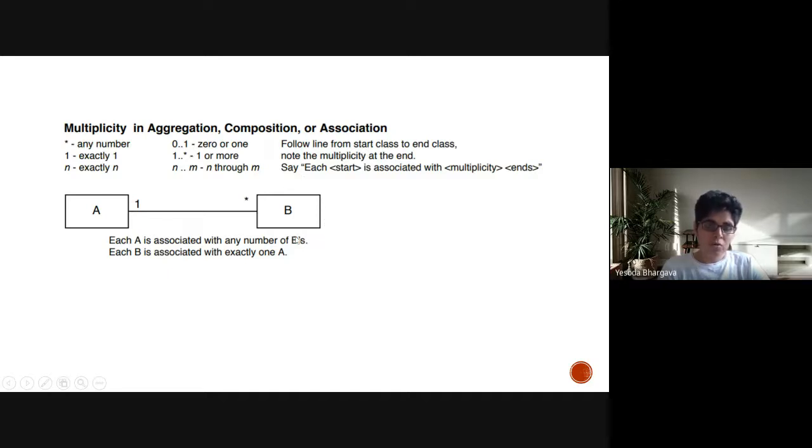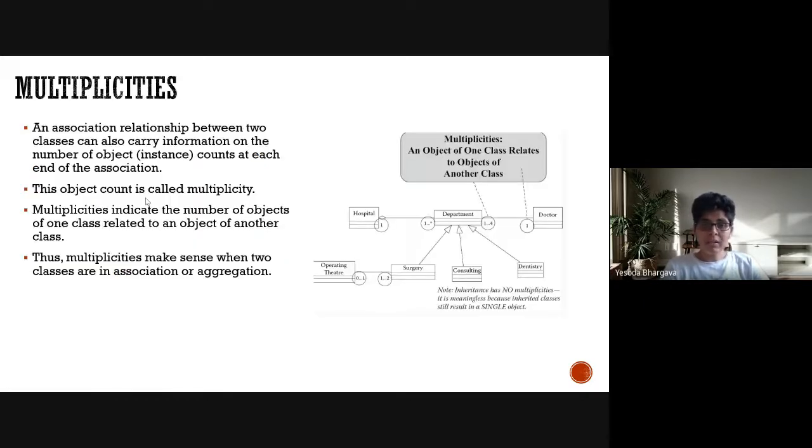And if an instance of B is created, then it is associated with exactly one A. So you start off from this class, and to understand the association multiplicity of A with B, you look at the multiplicity value and then associate it with B. Every instance of A is associated with multiple B's, and each B is associated with exactly one A.